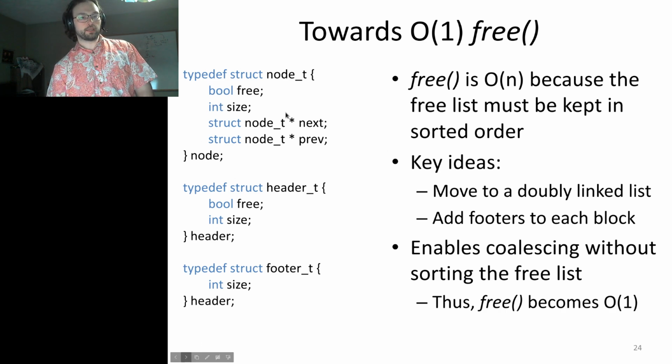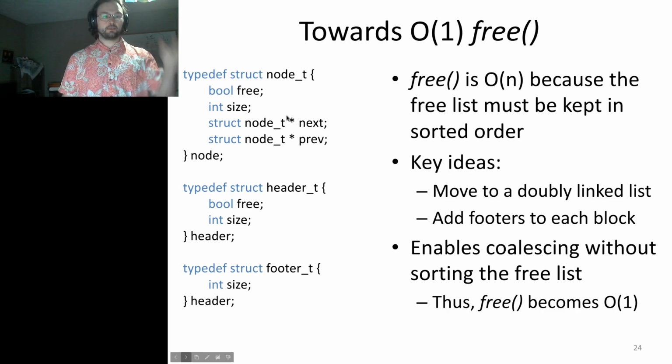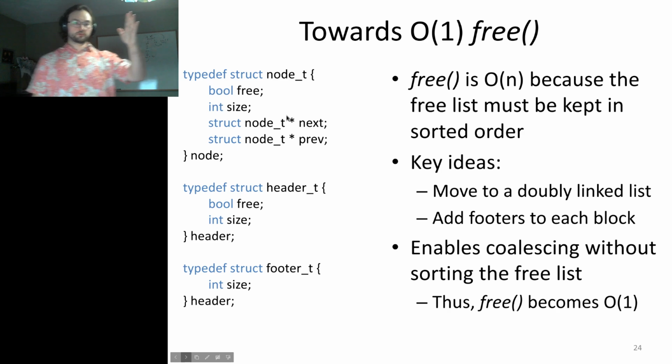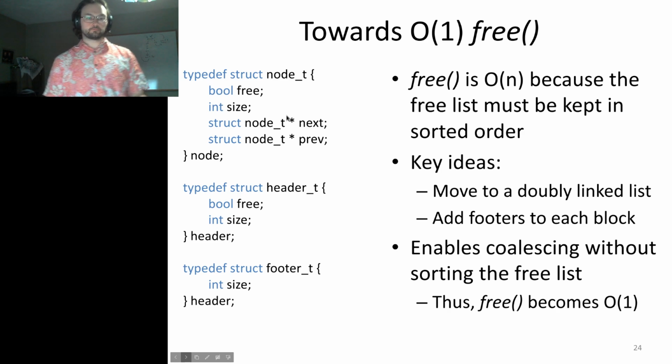The advantage there is that we can then do operations on this list if we have a pointer to elements in it without doing any sort of traversal at all. So if you have a pointer into a doubly linked list, you can do both inserts and deletes in constant time at the position that you have the pointer to.